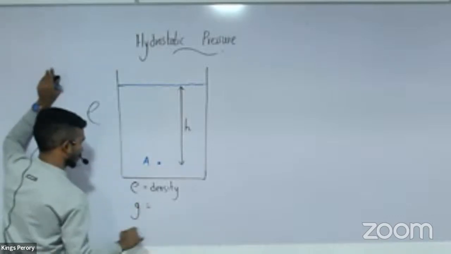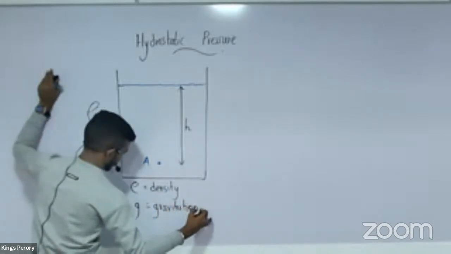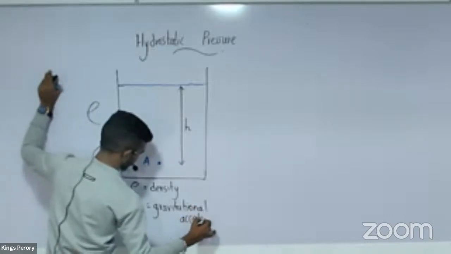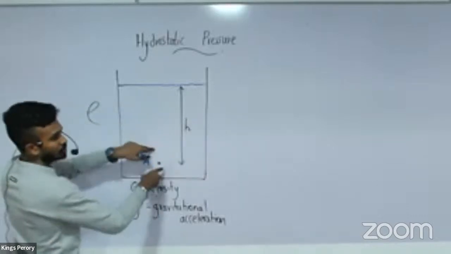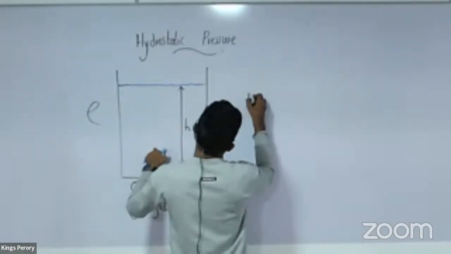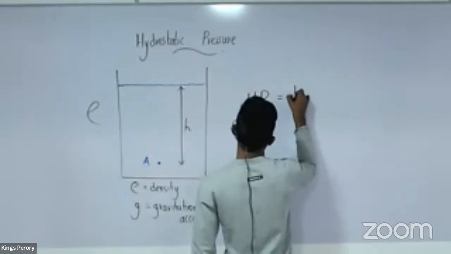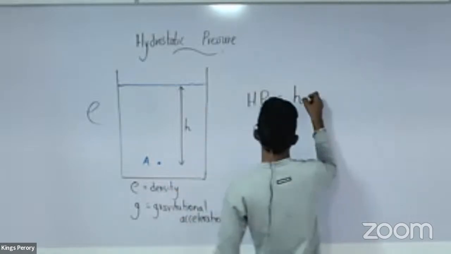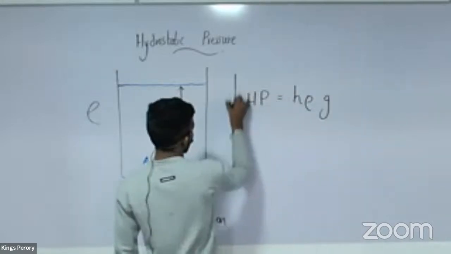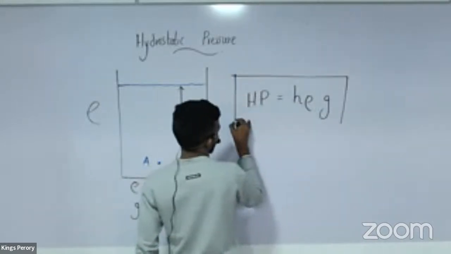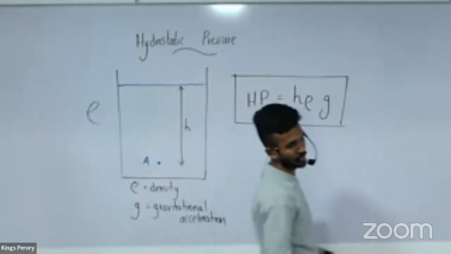Simple g as usual, that is gravitational acceleration. Now, how to calculate the hydrostatic pressure at A? Very simple. Hydrostatic pressure at A is equal to the depth h, density rho, into gravitational acceleration g. There you go, h rho g. How to calculate hydrostatic pressure? h rho g. Very famous equation.